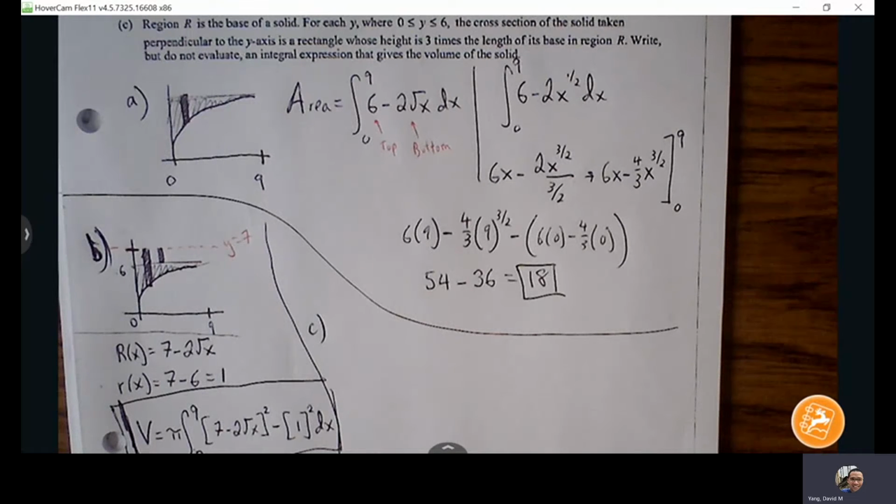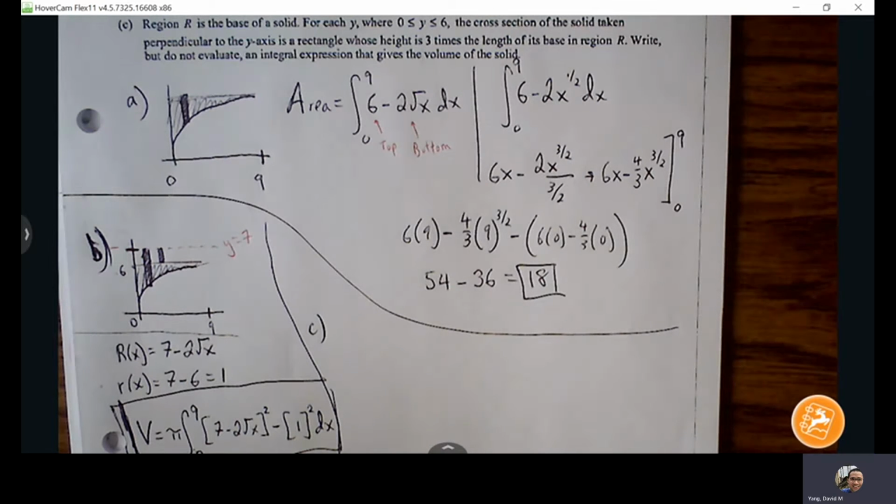Try part C. Part C says cross-section of the solid is perpendicular to the y-axis. Which direction is that? Horizontal.